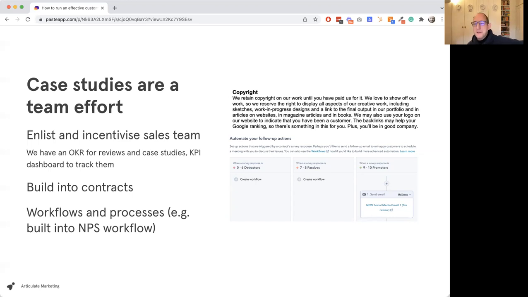Would you mind going to the HubSpot partner directory or clutch.com or something and giving us a review? We would really, really like that. Okay, so building that into automated processes, but also building it into processes like when you offboard a client at the end of a project, or when you do a kind of client post-mortem, like a retrospective checklist, send them a request for a case study.